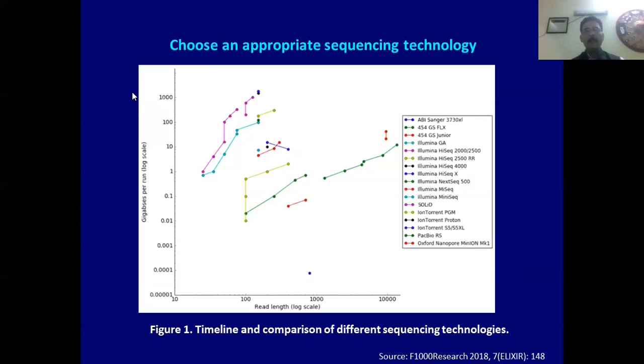So out of the different techniques available today, popularly used, highly effective, high throughput sequencing platforms are the PacBio system and Oxford Nanopore MinION system.